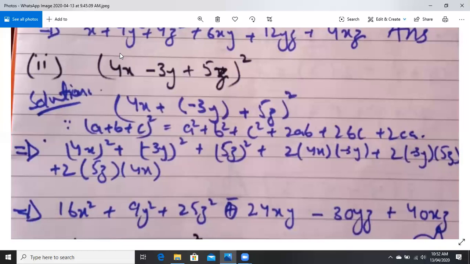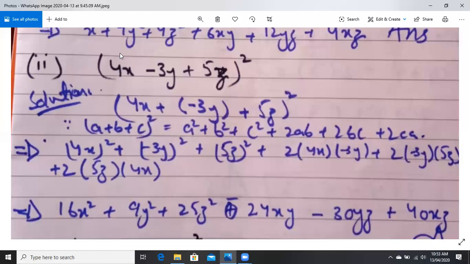So question number 2 is also in the form of we have to expand it. So now the value of a is 4x, the value of b is minus 3y, and the value of c is 5z, so a square is 4x square plus b square 3y square plus c square 5z square plus 2ab plus 2bc plus 2ca.